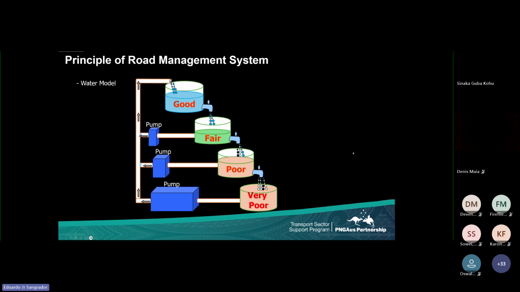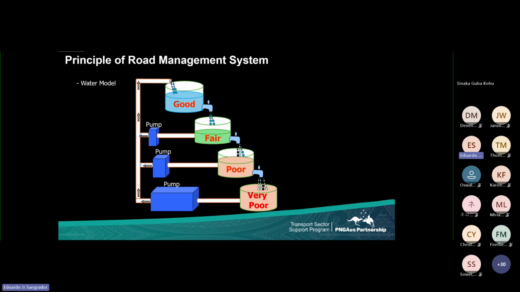So in relation to this graph, we can also use the principle of this water model, assuming that the good is the water on top. The top represents the deterioration of that particular asset. So the water is dripping to fair before going to poor, and before this becomes very poor or unusable.